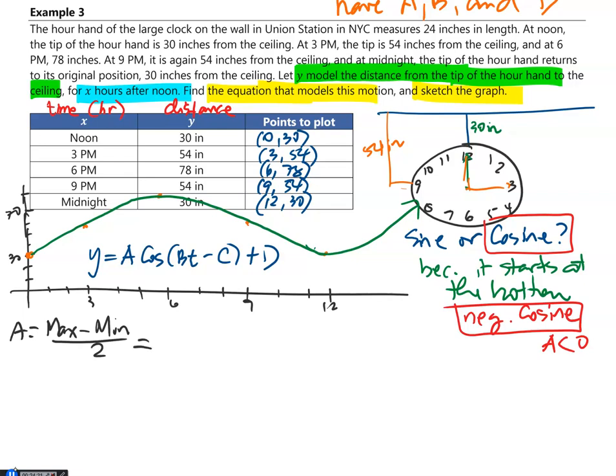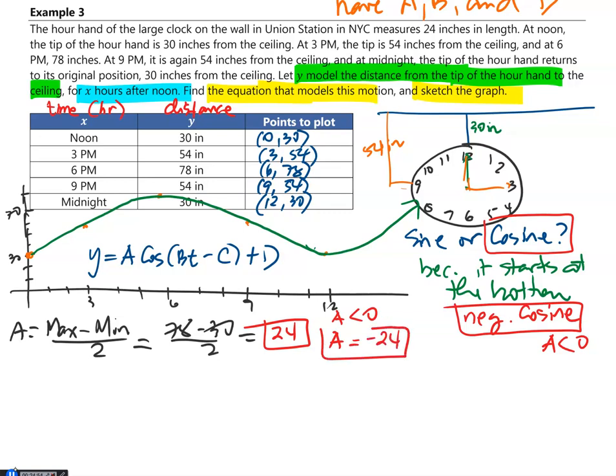Based on this, the maximum is 78, the minimum is 30, divided by 2, that is equal to 24. And since a is less than 0, your a is going to be equal to negative 24.